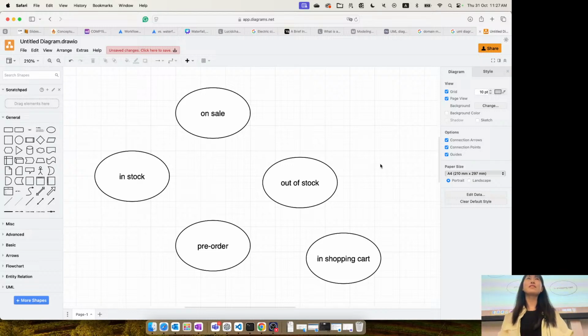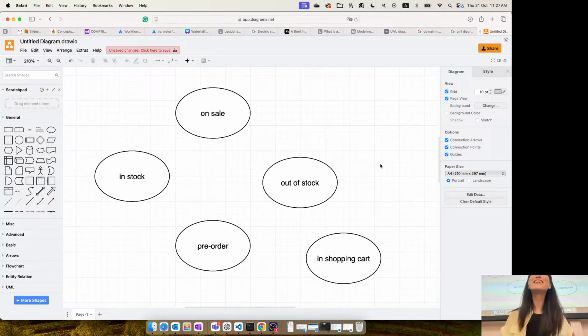How to describe the state when it's out of stock and then the owner ordered more? What should we call that? Okay, maybe we start with those ones. You could call it replenishing stock.